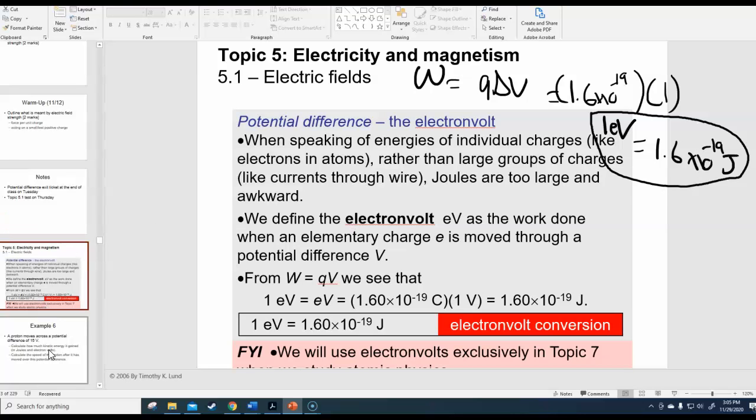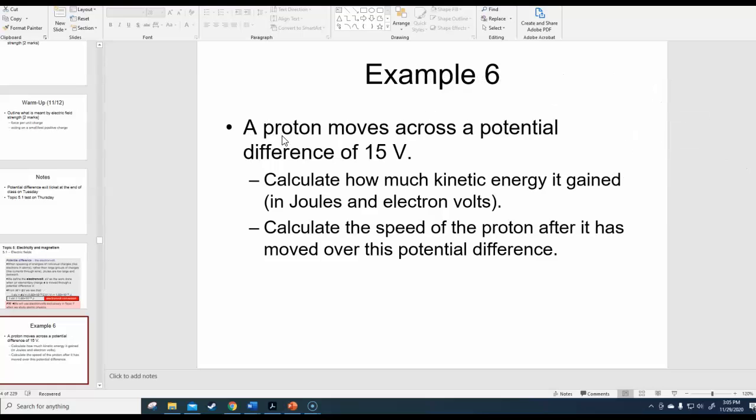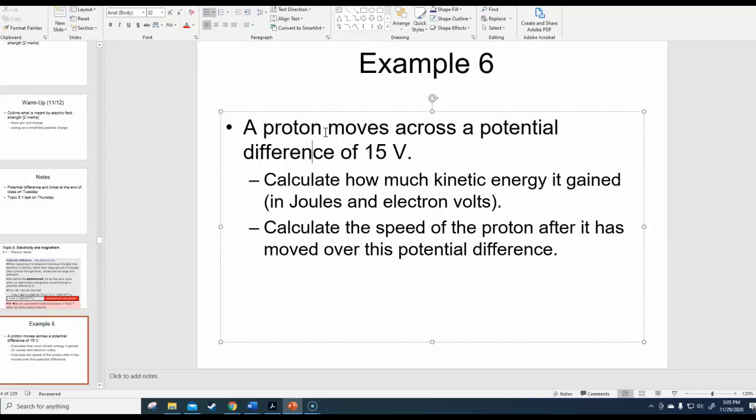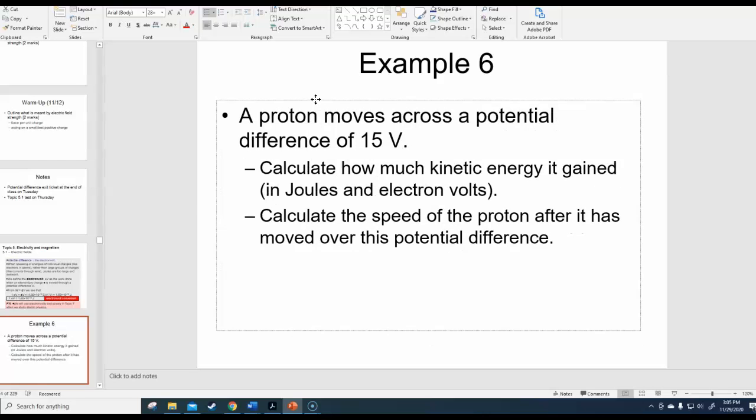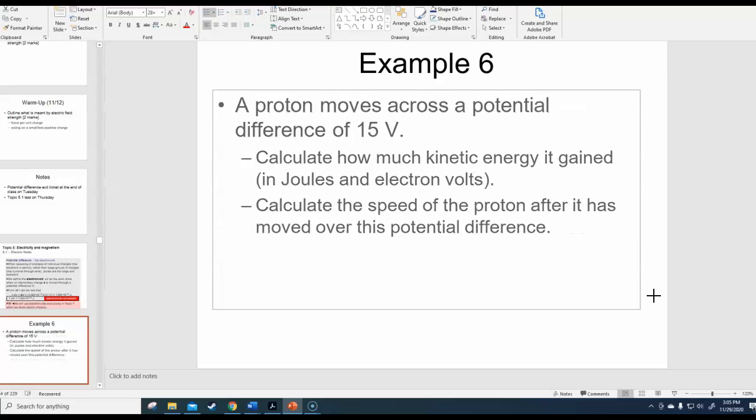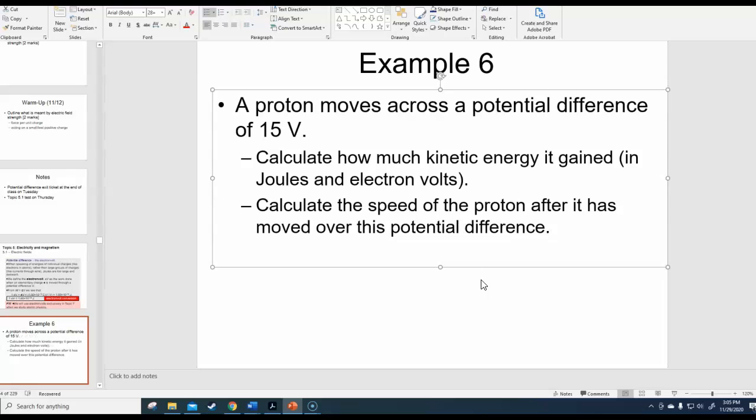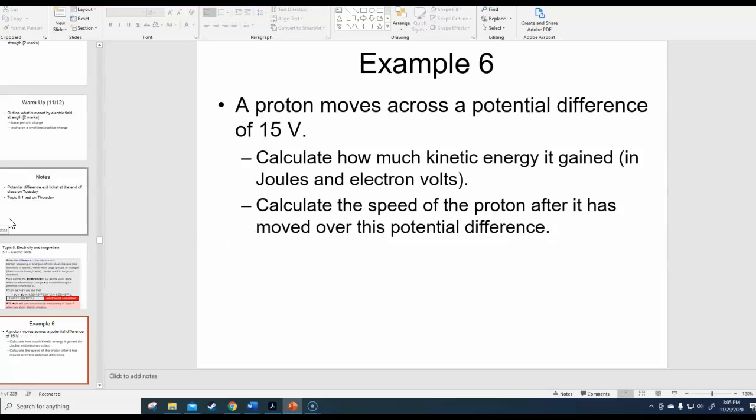Okay, so just a few quick examples with that, and then we will be done with this unit. So let's say we have a proton, and it moves across a potential difference of 15 volts. And we are asked to calculate how much kinetic energy it gains in joules and electron volts.